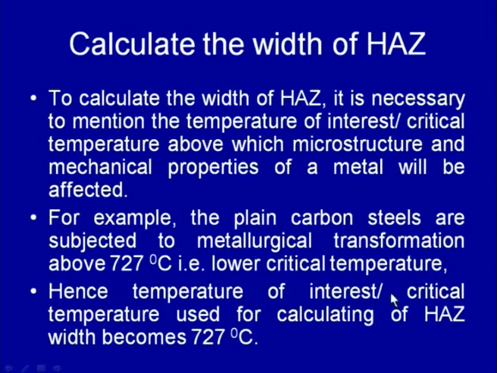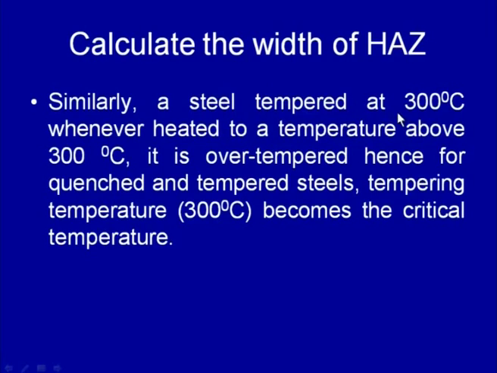So, the temperature of interest or critical temperature used for calculating the width of the heat affected zone for simple carbon steels becomes 727, while similarly, in the case of steel which is tempered at 300 degree centigrade, whenever it is subjected to a temperature above 300 degree centigrade it is over tempered, hence the mechanical properties and microstructure are affected.